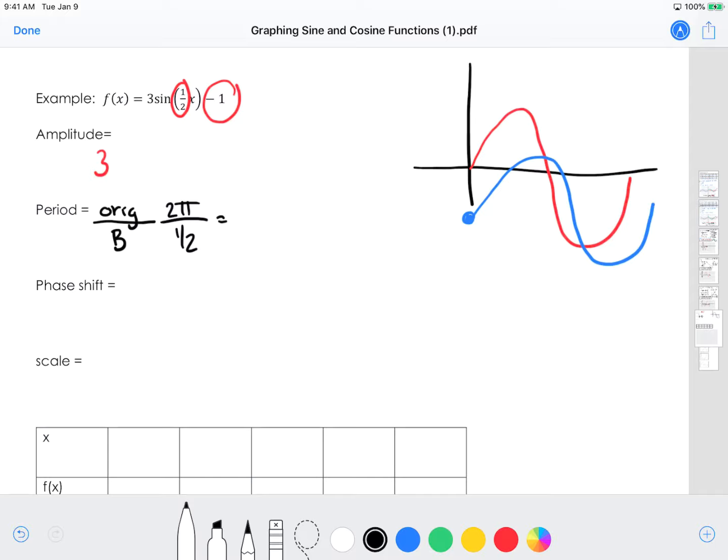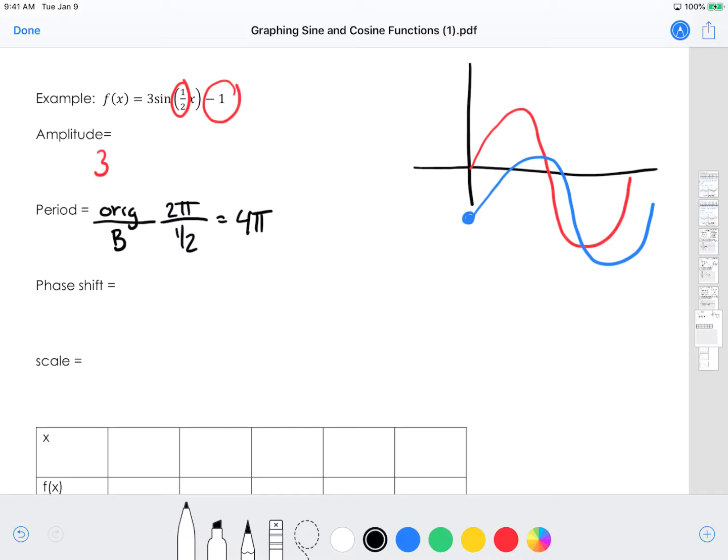When I divide by 1/2, I have to flip and multiply, so 2 pi times 2 over 1, which is going to be 4 pi. So the length of this translated function is now doubled. Instead of having 2 pi, it's going to be 4 pi. It's just doubled because of that 1/2 in front.